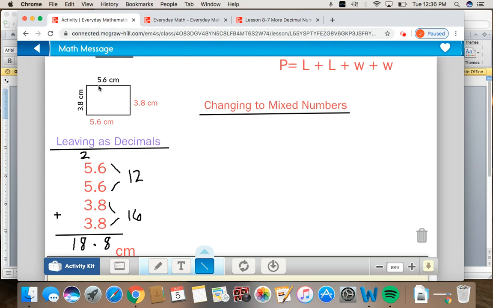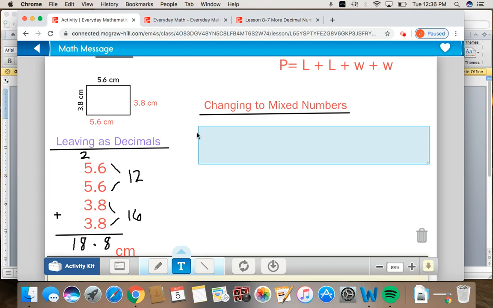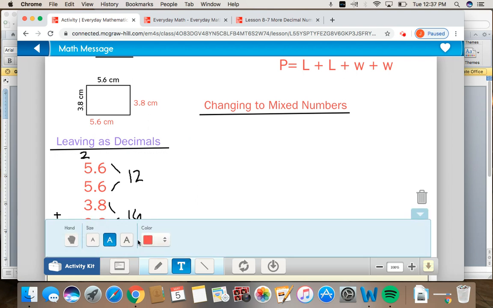So I'm going to take my 5 and 6 tenths and add that twice. 5 and 6 tenths plus 5 and 6 tenths equals, well, let's see.